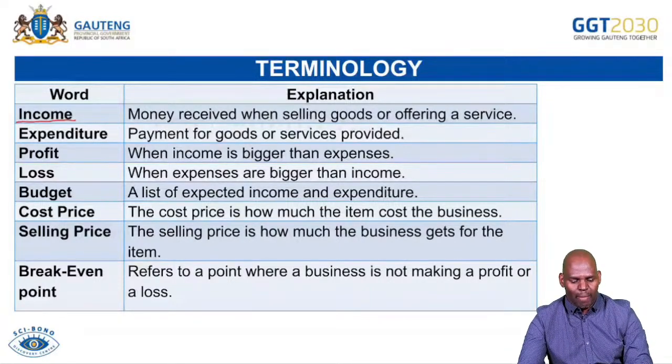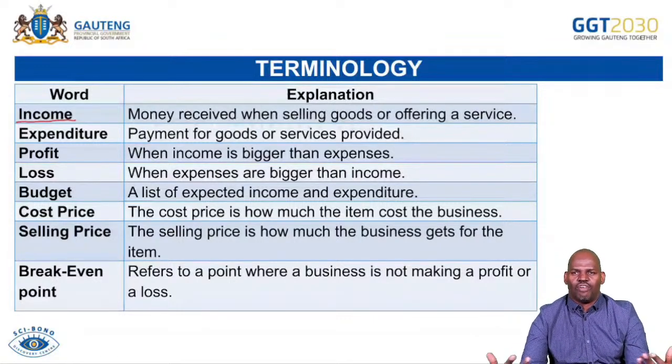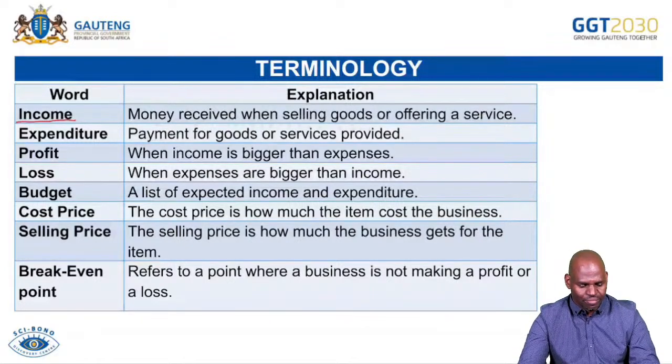That will be the money received for selling goods. And let's say there's a service that you're offering, maybe you're a mechanic, or maybe you do catering and so on. You expect to get some money from that operation. That will be from offering a service.